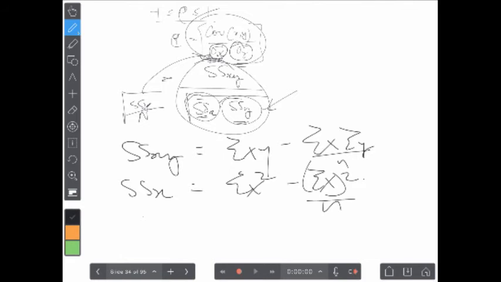And then SSY is similarly sum of y squared minus sum of y, the whole thing squared, divided by n. So those are the formulas that I recommend that you use. They will definitely be a lot easier to work with than the formula that the textbook gives you. So that covers chapter 3.